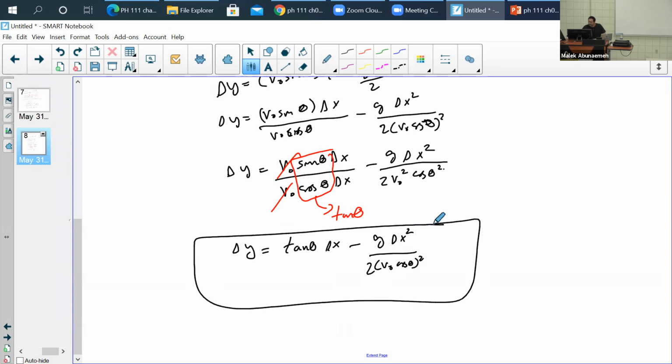And this, ladies and gentlemen, is what we call your equation for projectile path.